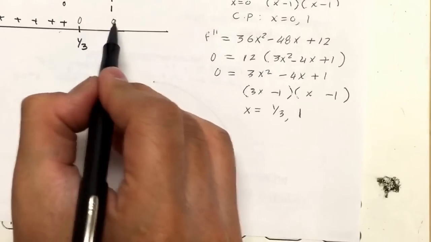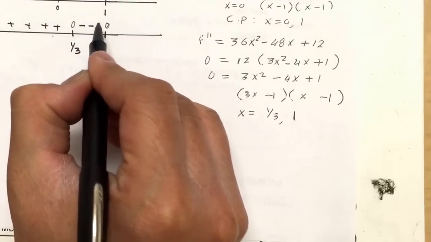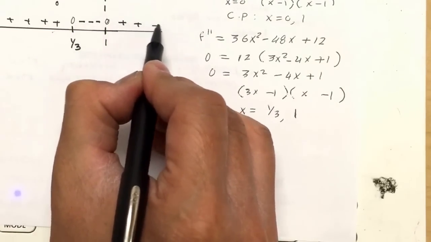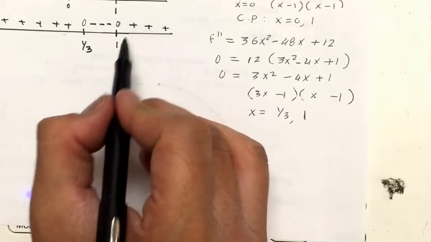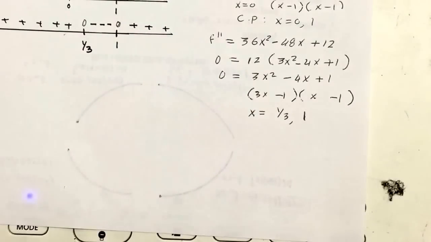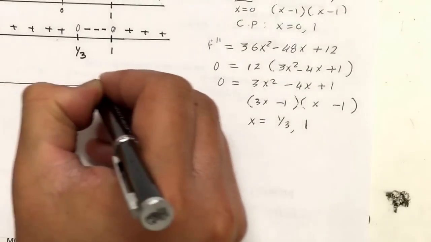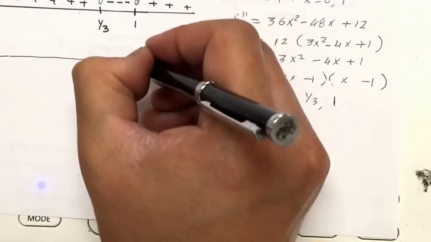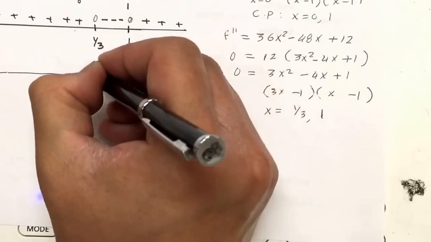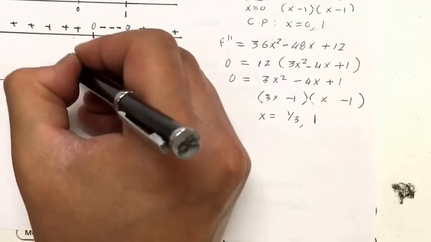When you pick a number in here and plug it into the second derivative, you're going to get a negative number. And then when you plug a number after 1 into the second derivative, you're going to get a positive number. So now we summarize this. Bring these down, so that's 1/3. This is 0.